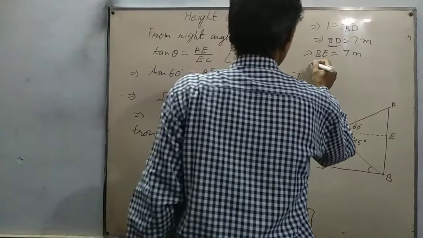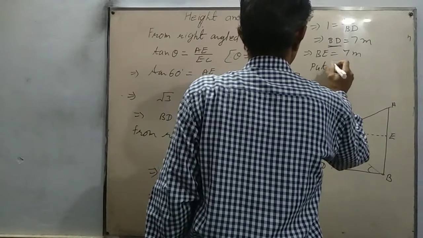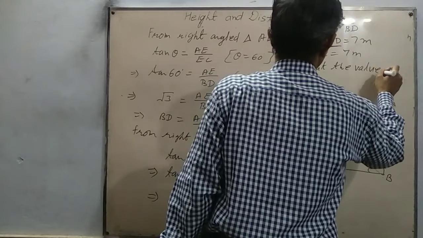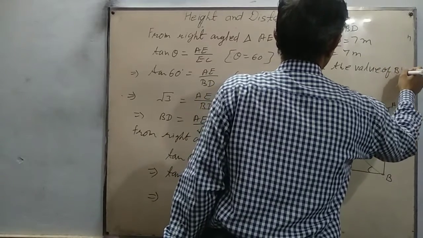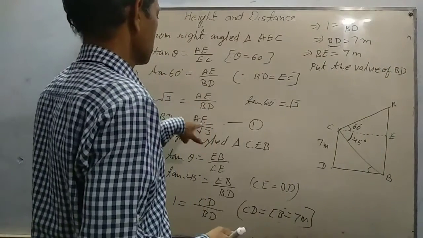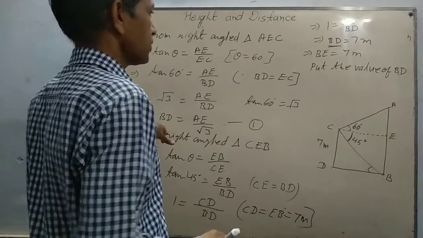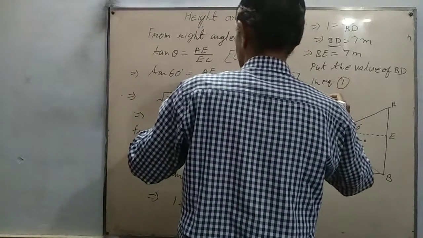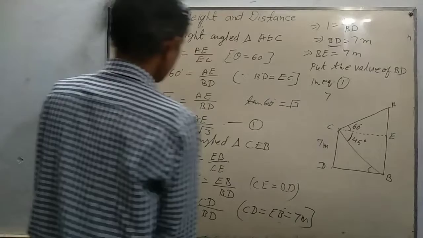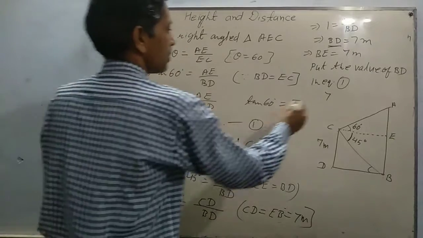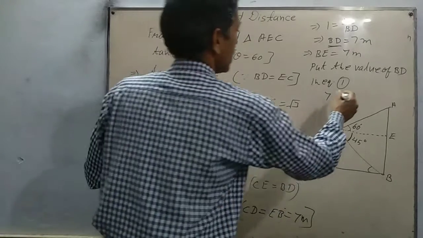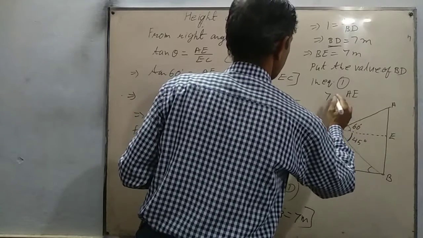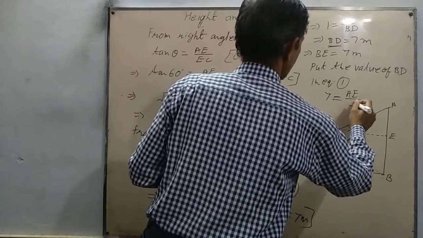Put the value of BD in equation first. 7 is equal to AE upon root 3.